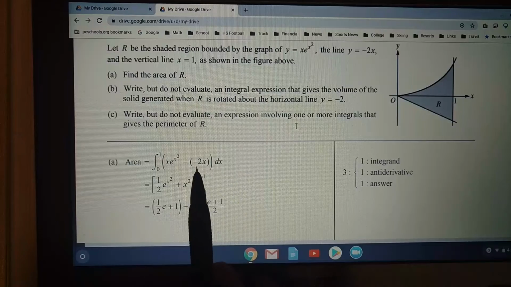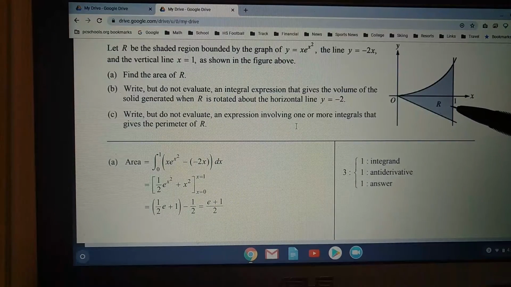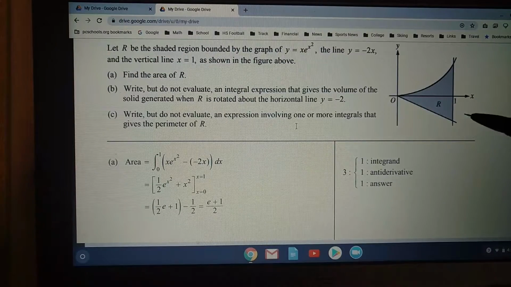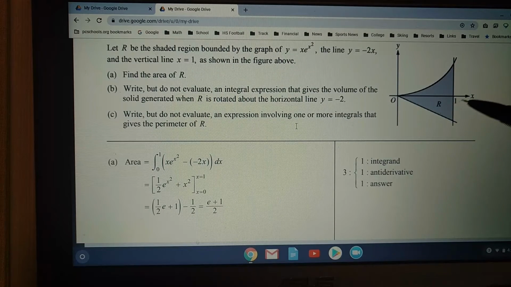Now, you can treat this as just a triangle and go ahead and get the area of that triangle, and you can do it that way if you want to, but you don't have to. It certainly is just as adequate if you find the area there, and you just add that to the area that you would find there.